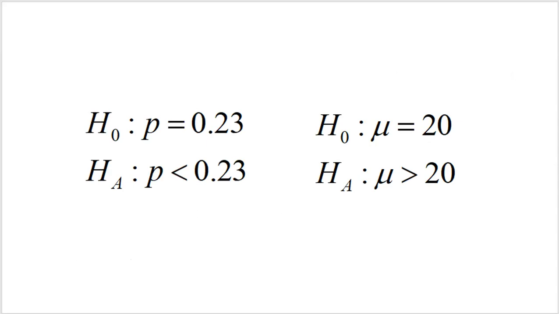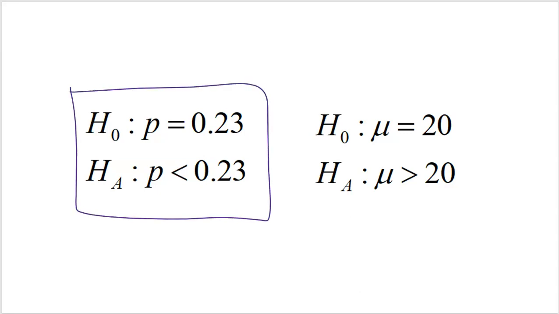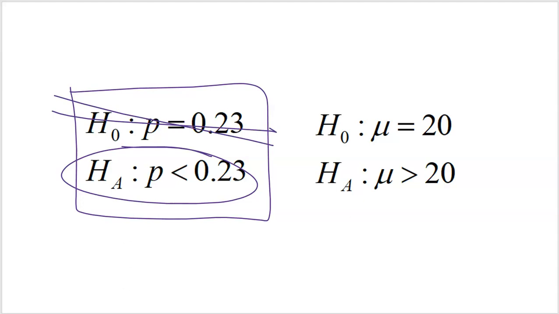Now this can be a little bit tricky, so let me explain this with two different problems. So right here we have a problem dealing with a test for a proportion. So the null is that the proportion is 23% and the alternative is we believe it's less. So the idea is this: if the alternative is really true and I want to reject the null and take on that alternative, if the truth is 22%, hey, the alternative is true. 22% is less than 23%.